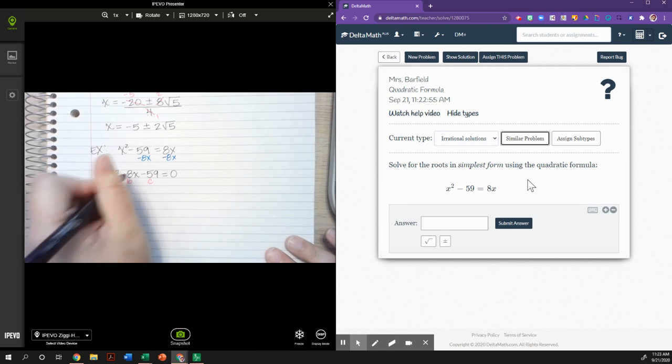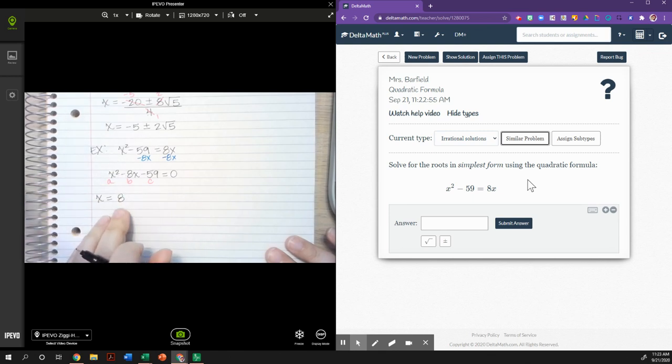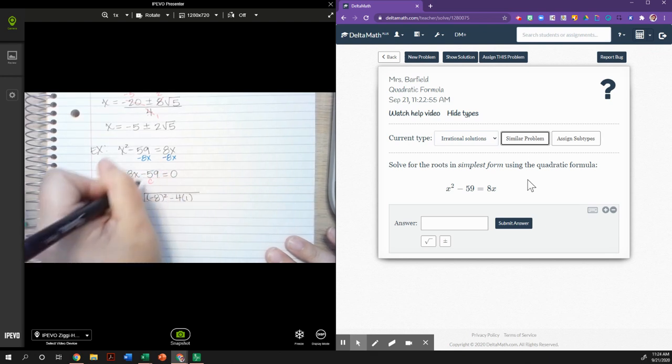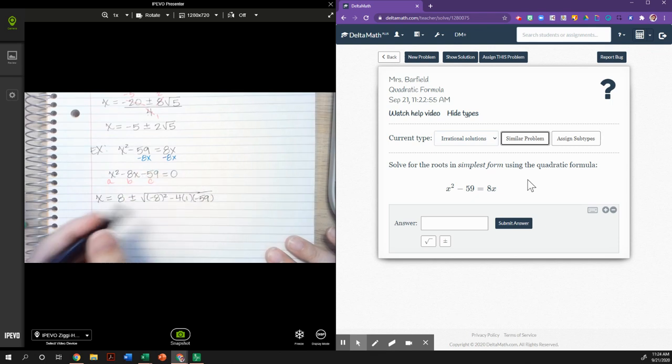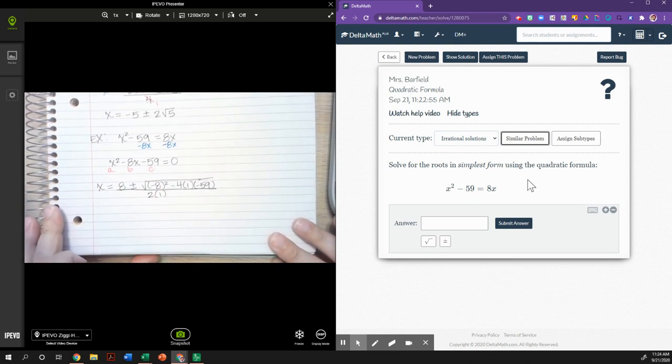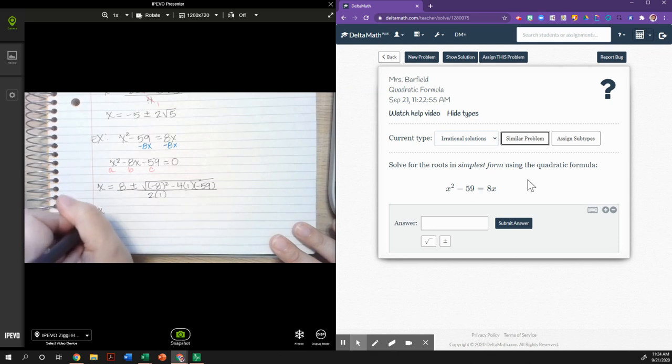So x equals the opposite of B, so that's 8, plus or minus the square root of negative 8 squared, minus 4 times A, which is 1, times C, which is negative 59, all over 2 times 1. So x equals 8 plus or minus the square root.